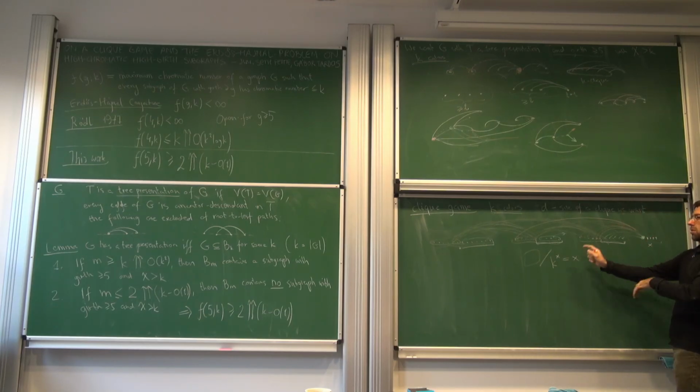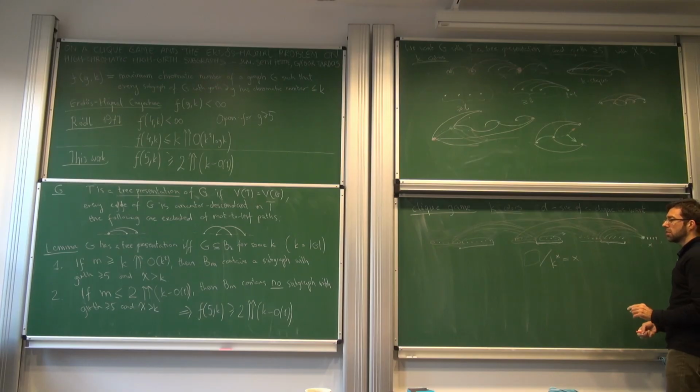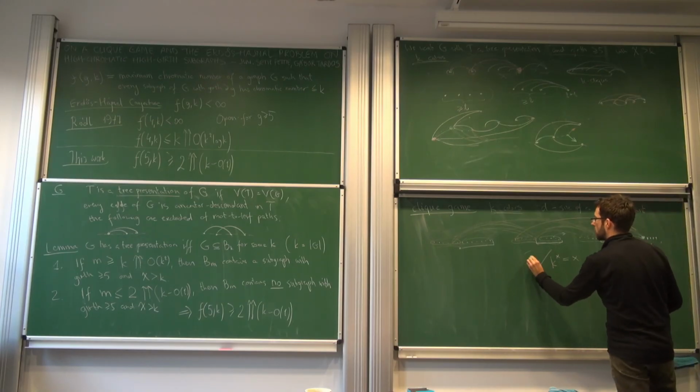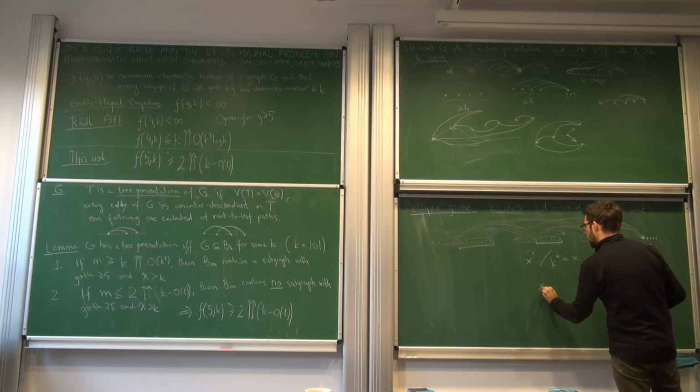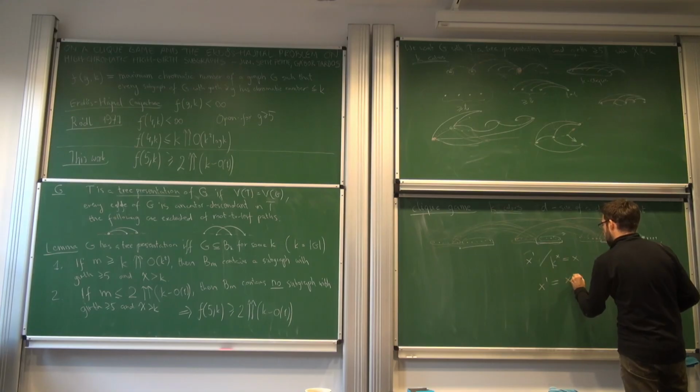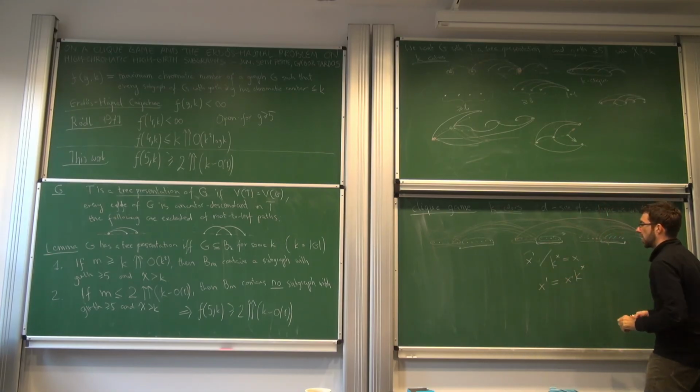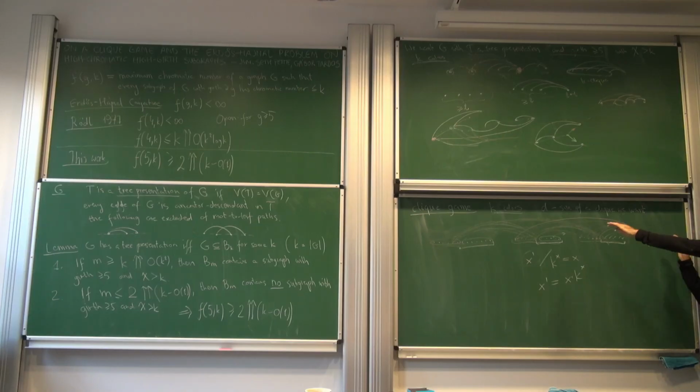So going the other way, let's call this x prime. How many did we need to start with? We need x times k to the power x. And we are repeating this kind of function k times. So this is more or less the tower function, except that we have this k times x here, but it really doesn't matter.